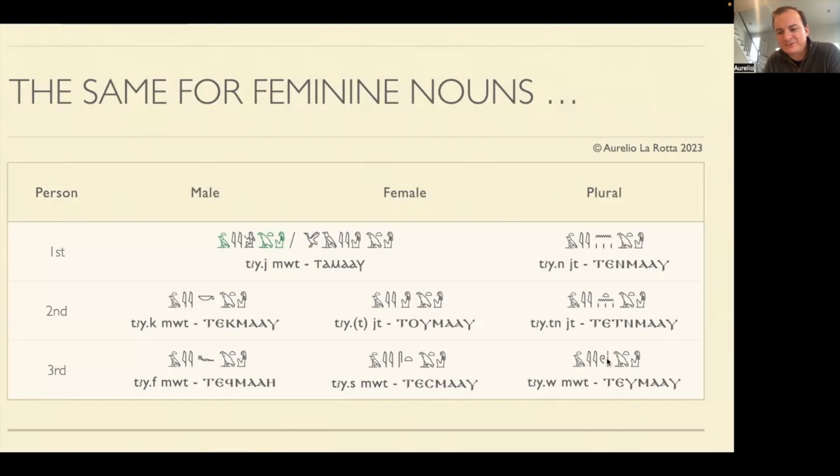So it becomes Tayu Mut. So the first gender reflects the gender of the noun that you're talking about, and the rest is in the suffix, essentially. So that takes a bit of getting used to. Because in English, for example, when we say his mother or her mother, we start with the male-female distinction, basically his and her, right? In Egyptian, it works a little bit differently. That's basically the suffix part at the end of the possessive article.